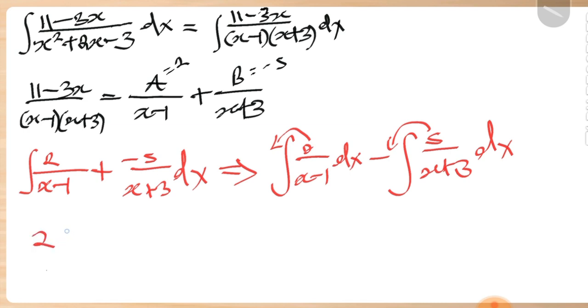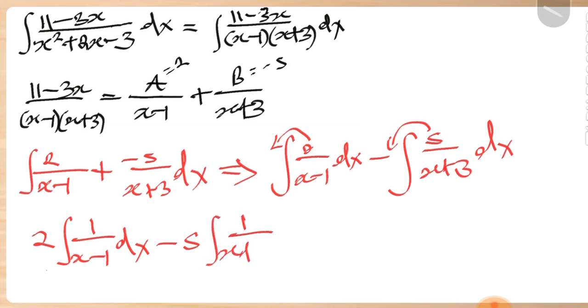So we now have 2 times the integral of 1 over x minus 1 dx, minus 5 times the integral of 1 over x plus 3 dx. Alright.